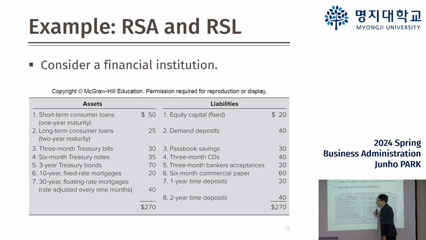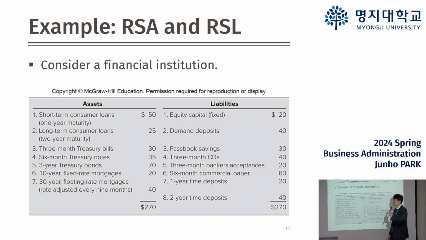Treasury notes are with middle maturity. So they are generally longer than treasury bills, but shorter than treasury bonds. Finally, treasury bonds, their maturity is generally longer than 1 year. Generally, they have 10-year maturity or 20-year maturity. So these are long-term government bonds. So we have treasury bills, treasury notes, and treasury bonds.